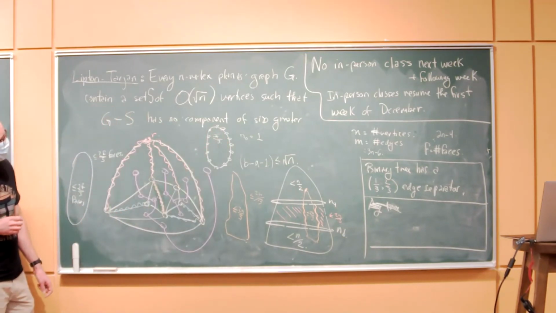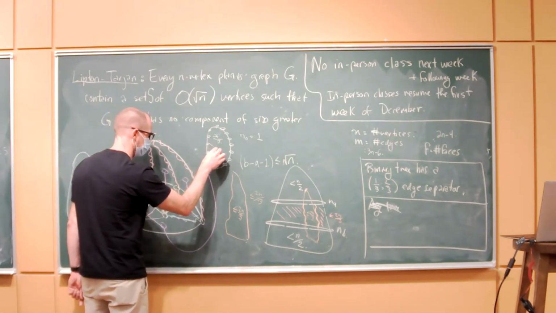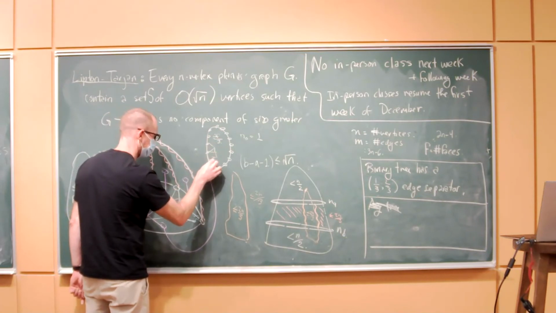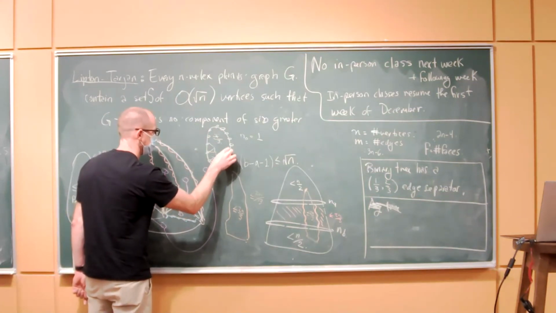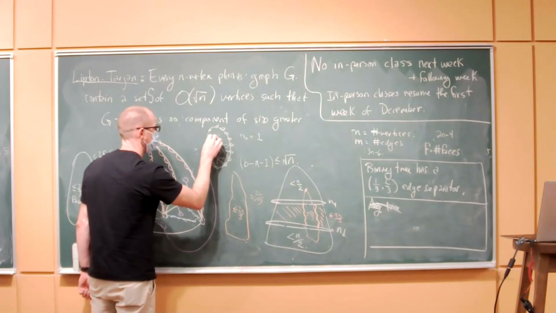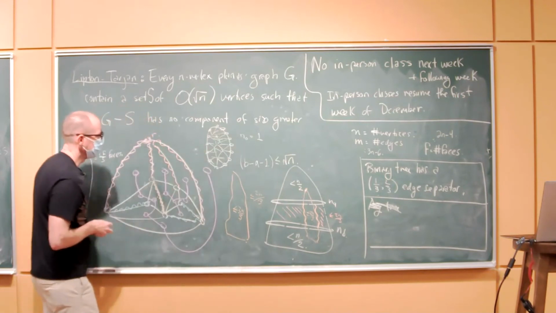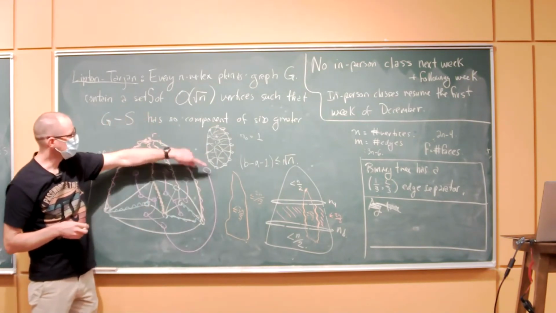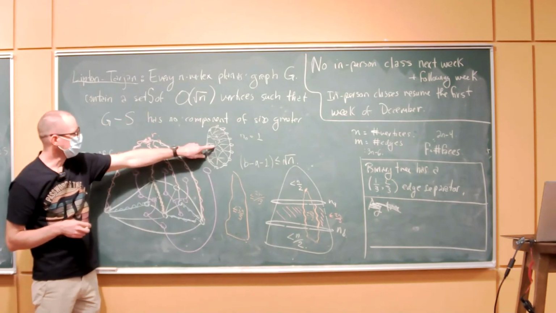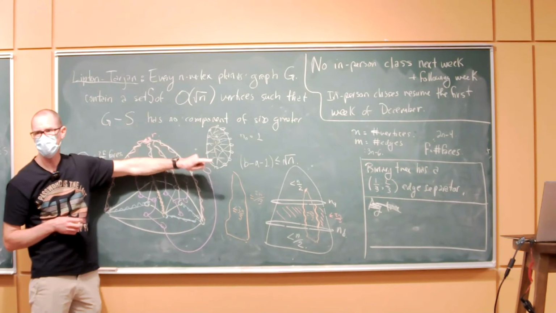And by fooling around a little bit with Euler's formula, which is really specialized now, what's in here is something that's all triangles, and then a big face on the outside. You can convince yourself that it actually doesn't matter how long the cycle is, there's going to be less than 2n over 3 vertices inside that cycle.